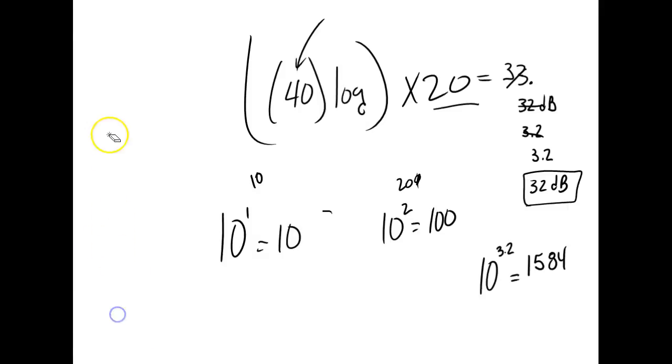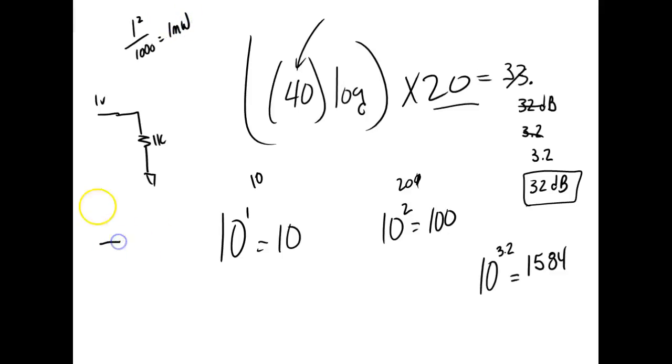So let's say we got a gain of 40, and let's say I run 1 volt into a 1K ohm resistor, and we calculate the power. That would be V squared over R, so it'd be 1 squared over 1,000, and what would be my power? Not very much, right? 1 milliwatt.